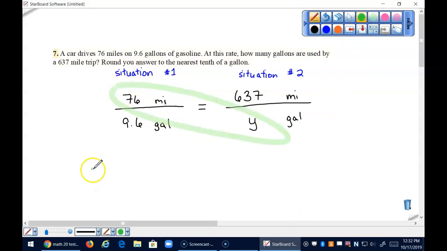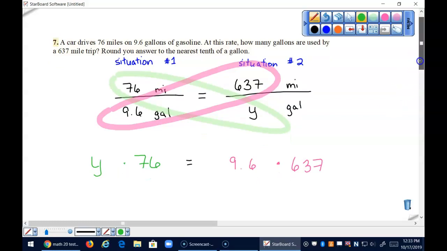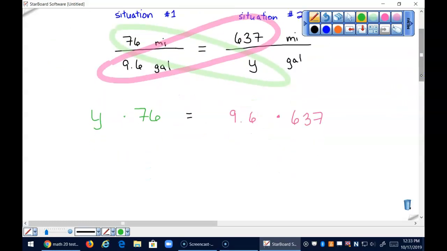I mentioned before that I'm always going to pick the side with the y to go on the left and put the y first, just because that's what my brain happens to like. You can do something else if you want. So I've done my cross multiplying.